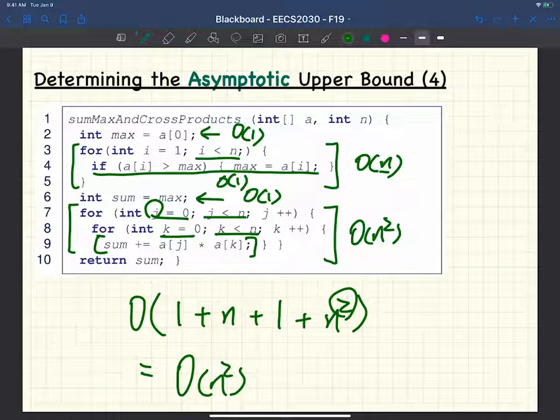Yes? Apparently the first loop runs forever because there's no... Oh, interesting. Aha. That's a syntax error. It's a typo. Yeah, actually, if there's no upper bound... Oh, you know what?